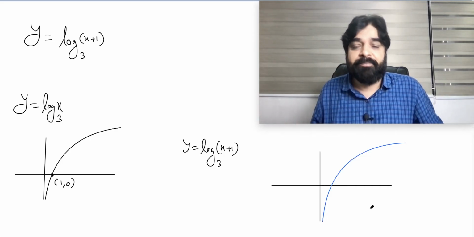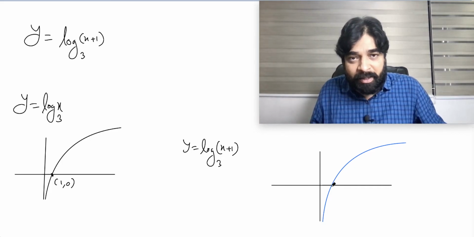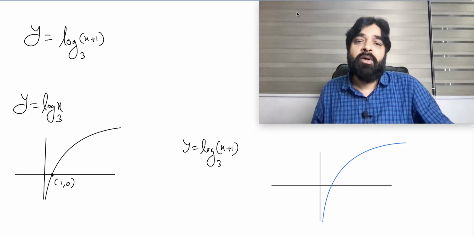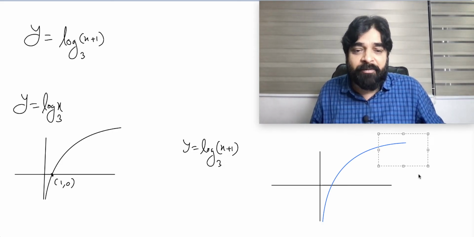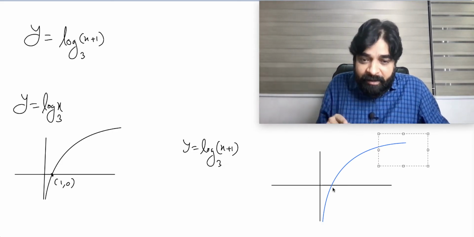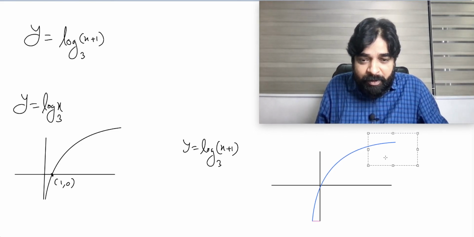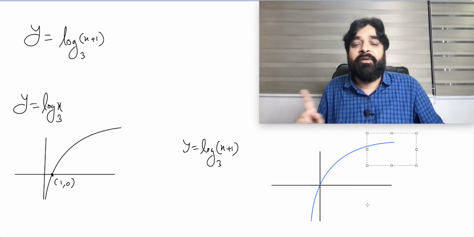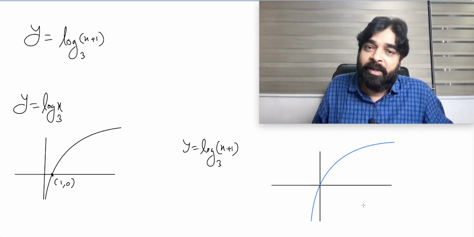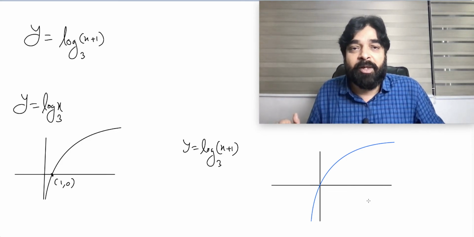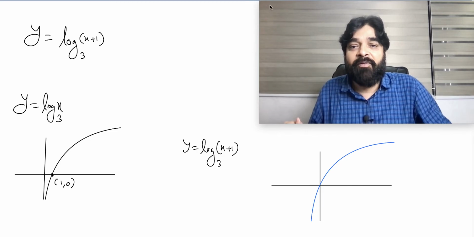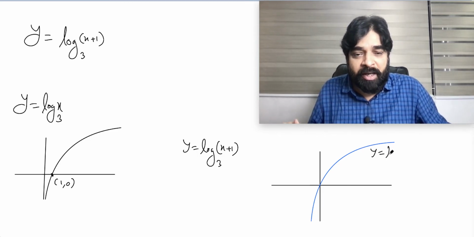Let's change the color. This is 1, 0, meaning this length is 1 unit. Now I have to shift this graph 1 unit to the left side. This length is 1 unit, so if you shift 1 unit left, what will happen? It will coincide with the origin. Are you able to understand the point? This is the graph of y equal to log of x plus 1 base 3.